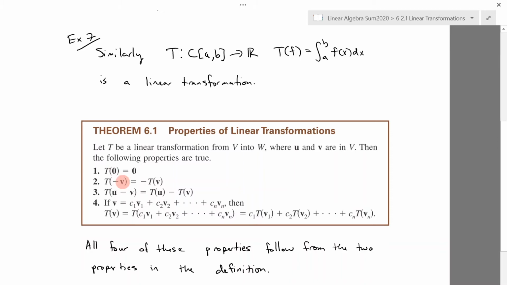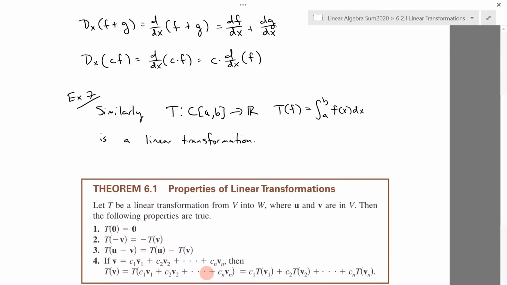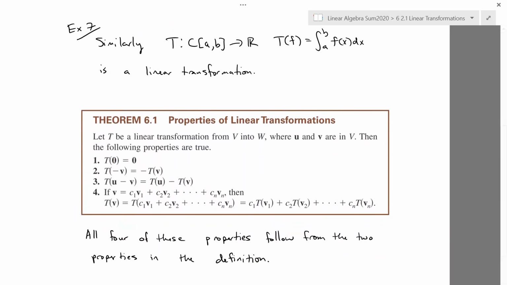If we take the scalar multiple property and take C to be 0, then you get exactly this first property here. If you take this scalar multiple property and you take C to be -1, you get this property. And then 3 and 4 is just combining the two properties of scalar multiplication and vector addition together.